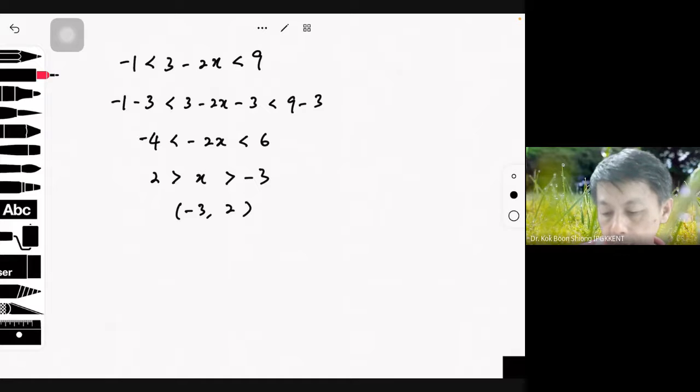So we rewrite x is between negative 3 and 2.